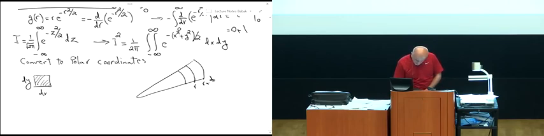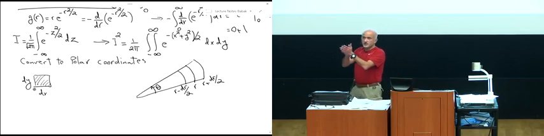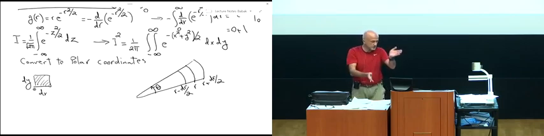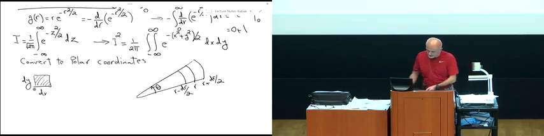I go infinitesimally above it and infinitesimally below it. And so instead of a dx and dy, I'm going to go radially. So when I go radially, I've got one dimension, which is the radius, and I've got another dimension, which is the angle. So instead of the x and y, now I have variables r and theta.